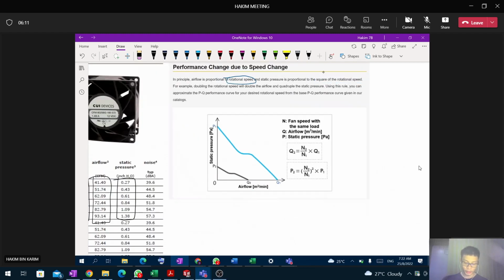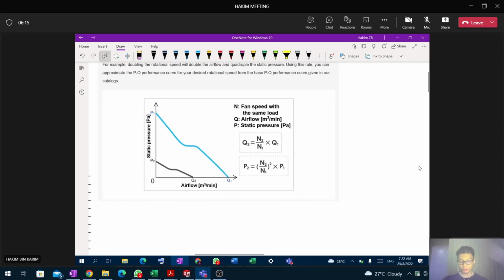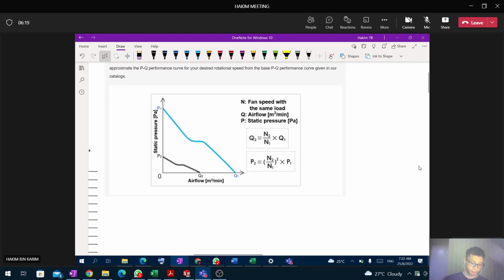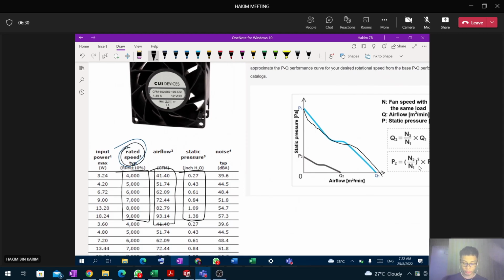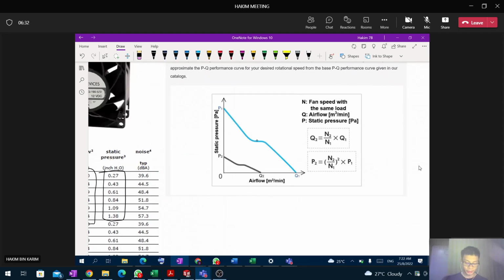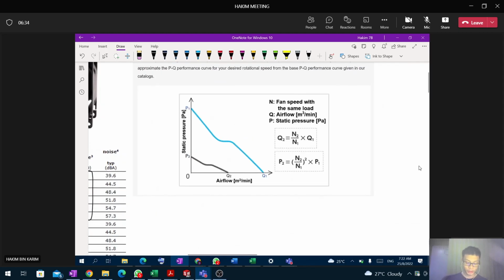All right, so what does it mean here? Remember a few days ago, I talked about this static pressure to airflow curve is only for one specific fan rotational speed, right? And if the fan rotational speed is lower, then the graph will be lower.